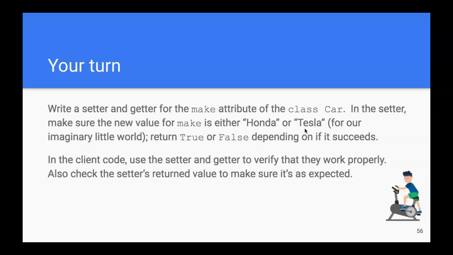I know there are more than just these two brands in the world, but for this exercise, we can assume those are the only car brands around. And then you should return true if the new value for make is either Honda or Tesla, and you can return false if it's neither of them. And again, in the client code, you should test it.